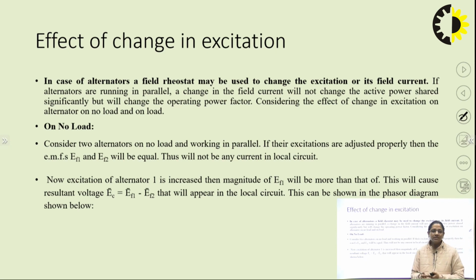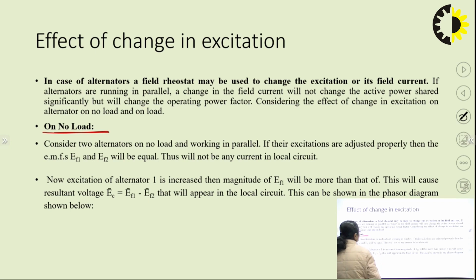We have already discussed the effect of variation in mechanical load. Now, let us see what happens when we vary the excitation given to the alternator. Let us consider the effect of change in excitation under two conditions: the no load condition and the full load condition. Let us consider the no load case.